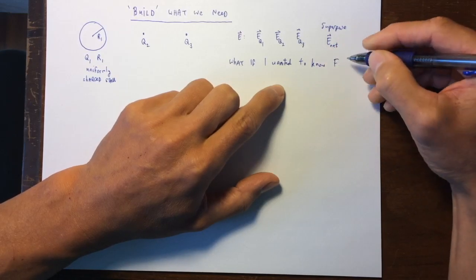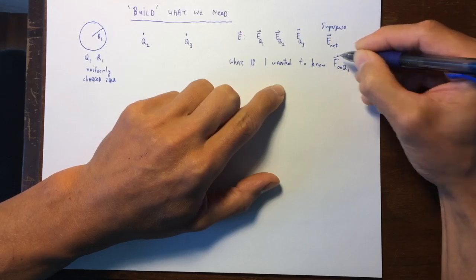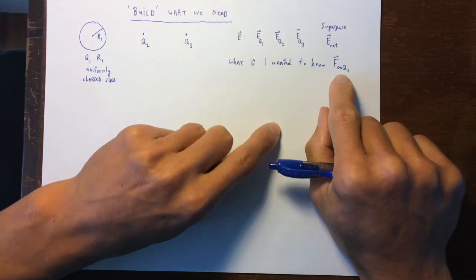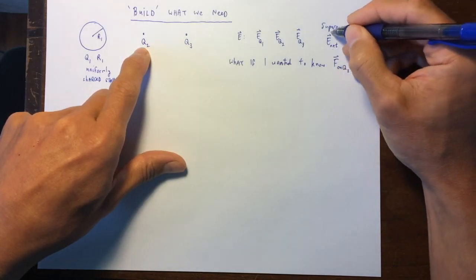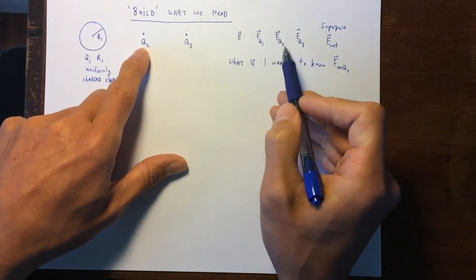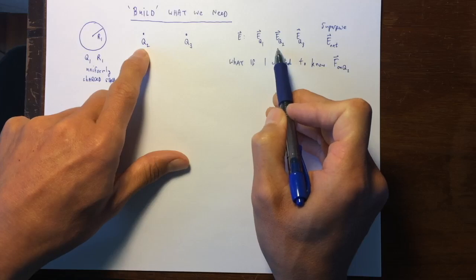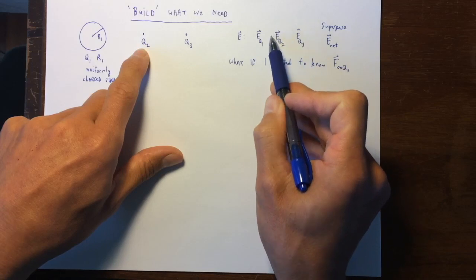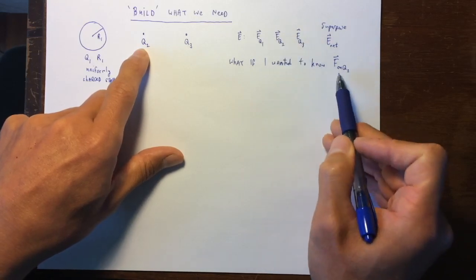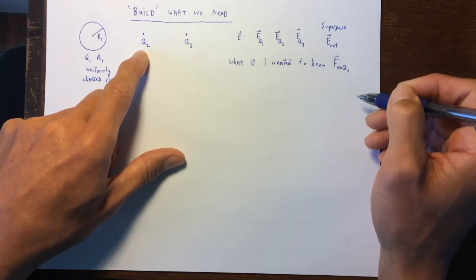What is the force on Q2, for example? If I wanted to know the force on Q2, I will not use the net electric field, which includes the electric field of Q2. I hope you can see that. In fact, if you did use the electric field of Q2 as a force on Q2, you would get infinity as the answer.